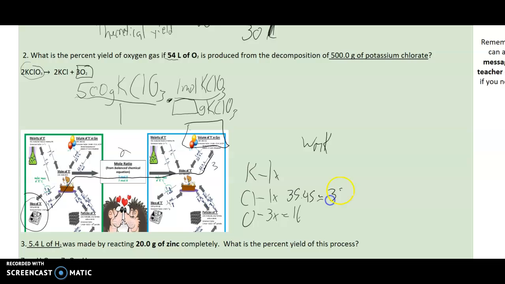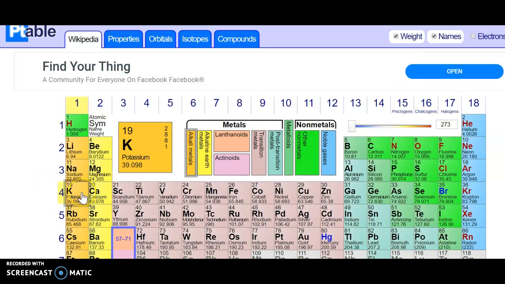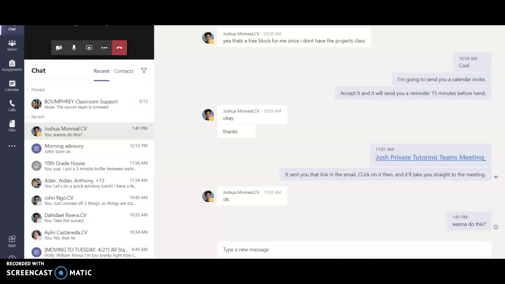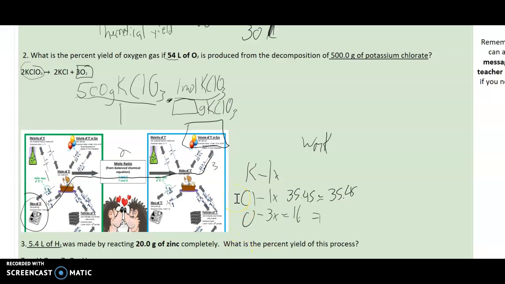So it's gonna equal... let's figure out what potassium is. Potassium is 39, I'm going to round that to 39.1.